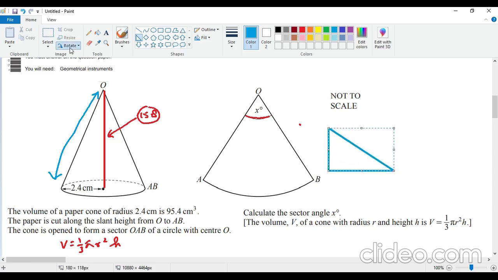Okay, I'll flip it. Something like this, in which this is 2.4 and this is 15.8, and we need to find out the hypotenuse of it.